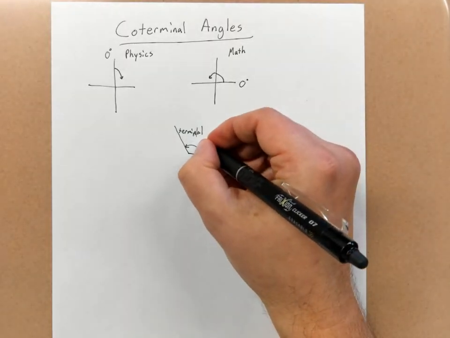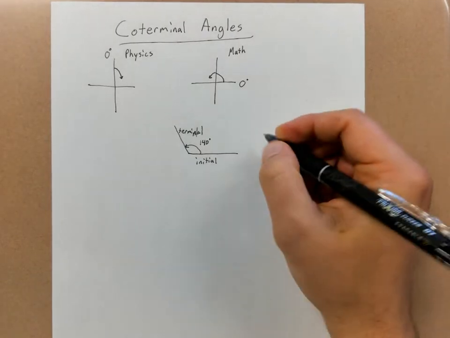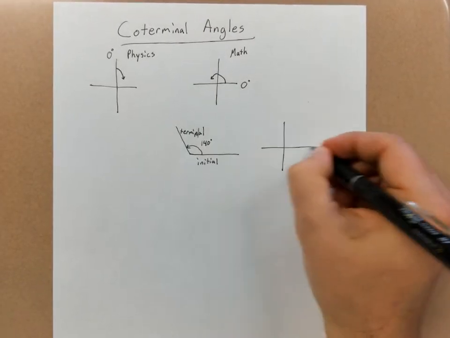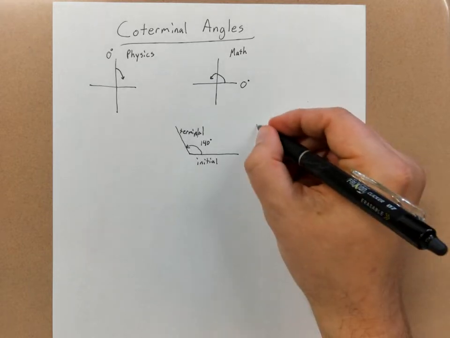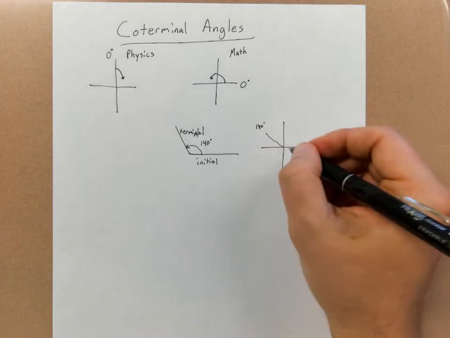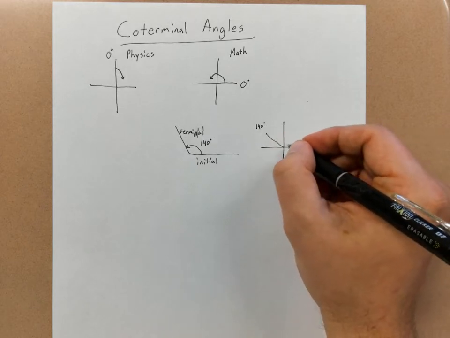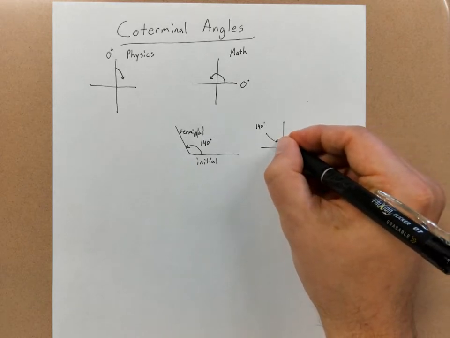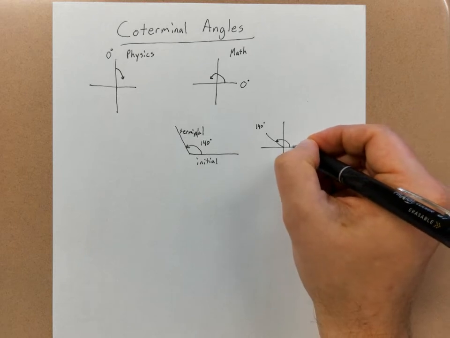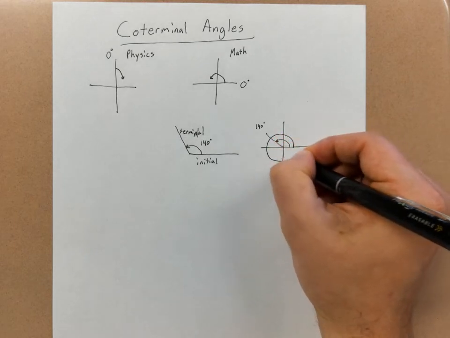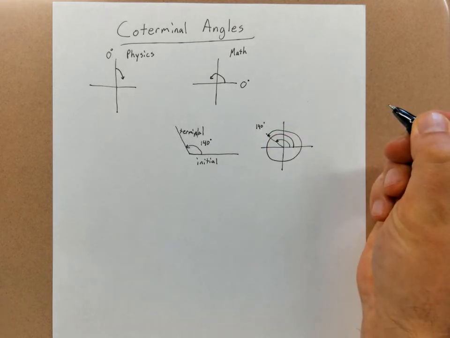So let's say that this angle here is 140 degrees. If I draw that out, let's say this is my 140 degree angle. This would be my initial side, this will be my terminal side. So if this is 140 degrees, what I could do is go all the way around the circle and then end up back at the same spot.